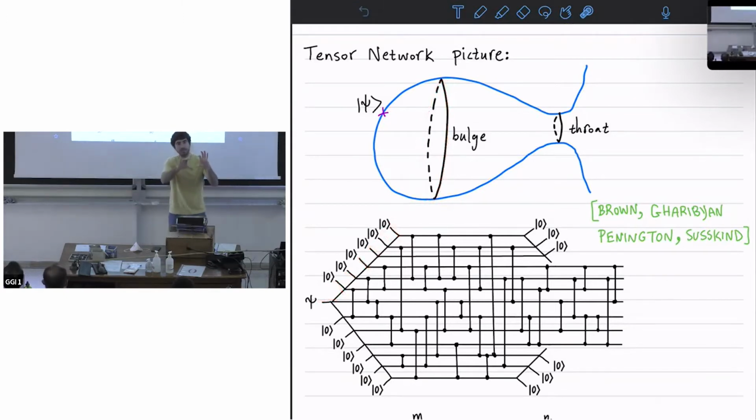To represent the congestion on the way out presented by the throat, they get rid of some qubits on the way out by post-selecting them to a specific out state, the state 0. The correspondence between these two pictures is that the number of qubits being post-selected is given by the drop in the generalized entropy between the bulge and the throat quantum extremal surfaces.